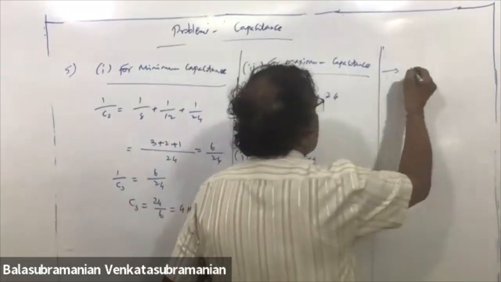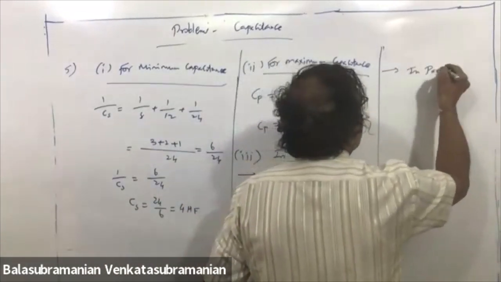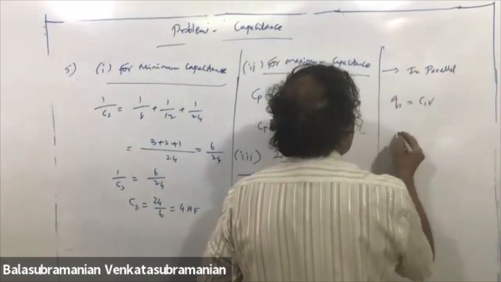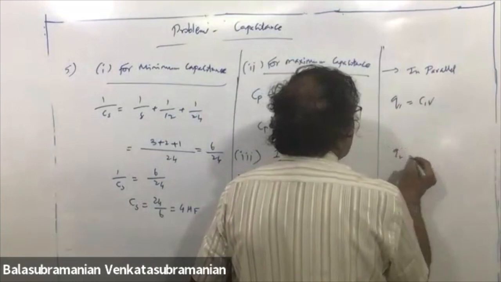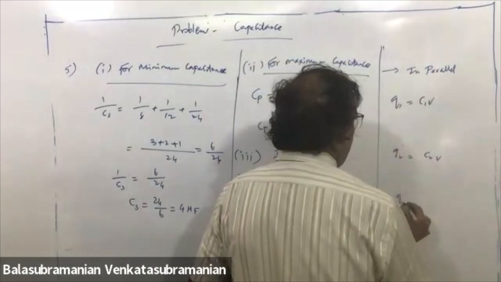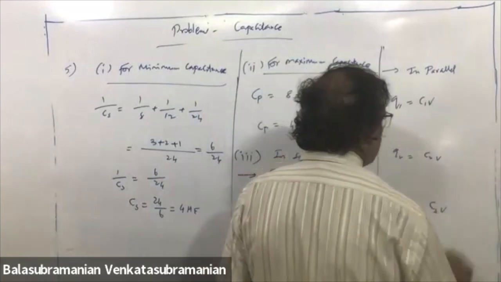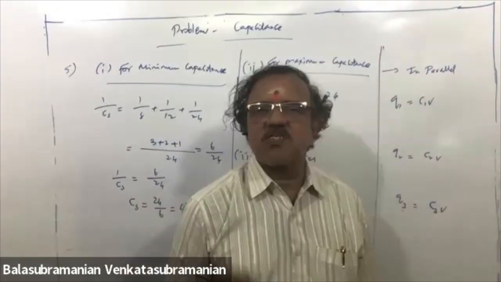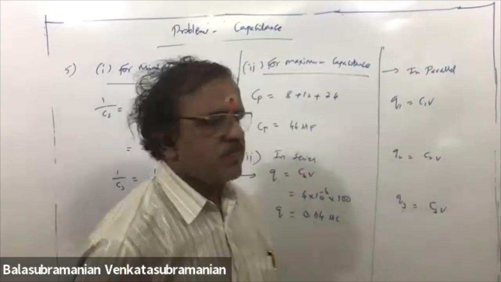In parallel, Q1 is equal to C1V, Q2 is equal to C2V, Q3 is equal to C3V. In parallel, potential only constant. Charge is different.